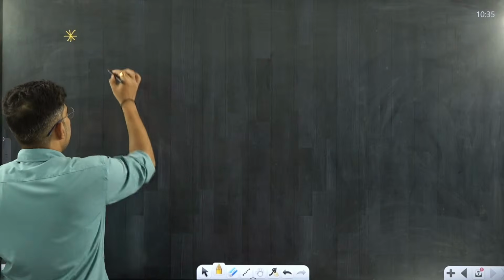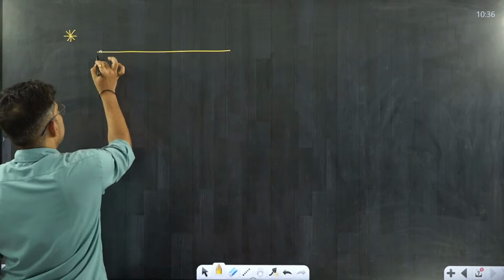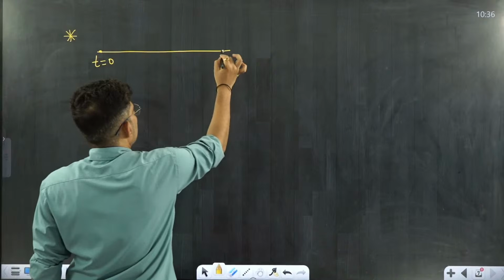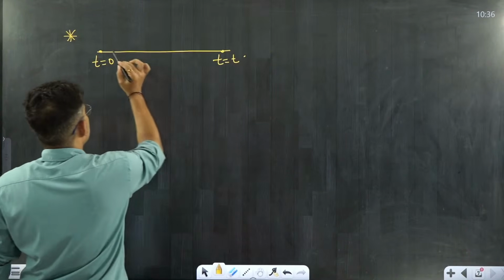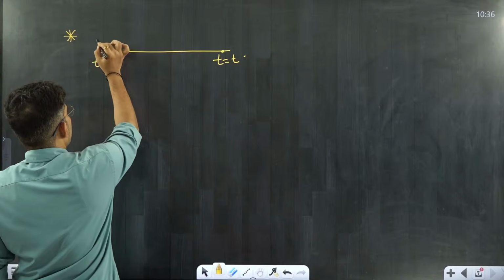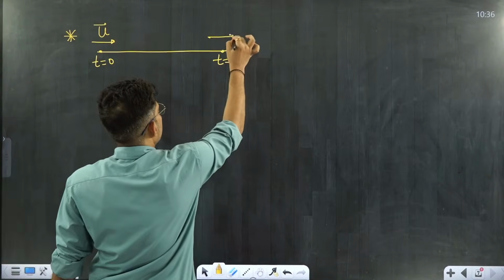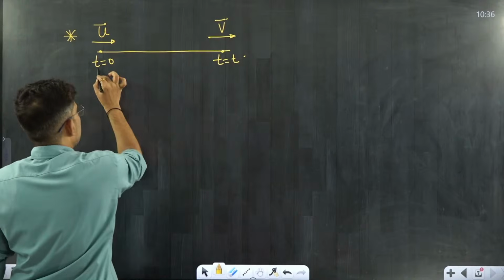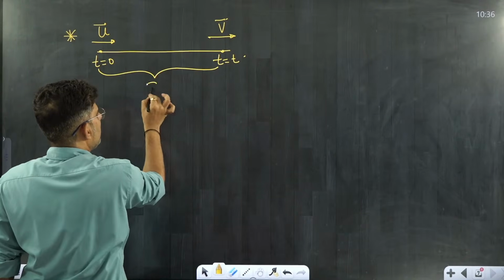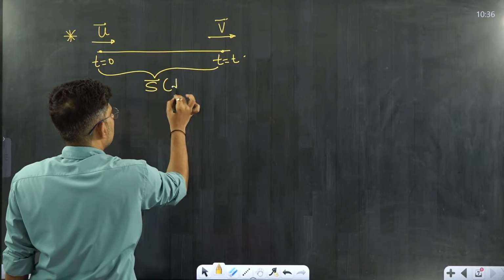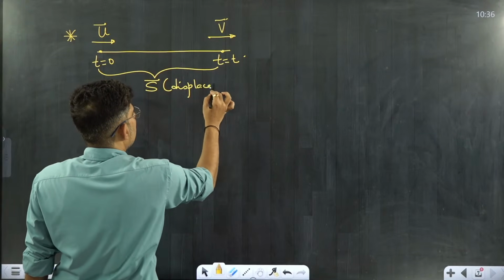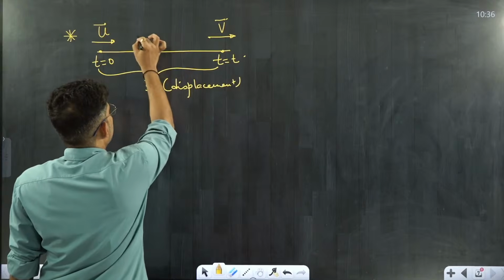In any time interval t equals 0 to t equals t, if the initial velocity is u and final velocity is v, this denotes the change in position which we call displacement. And this is the acceleration.